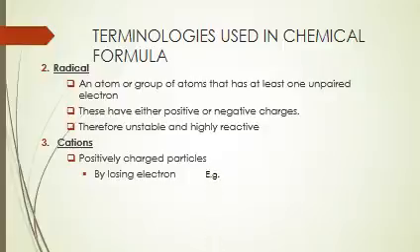For example, we can have that element X. You see that element X has both positive and negative, one positive and one negative, or one proton and one electron. Proton is positively charged and electron is negatively charged.